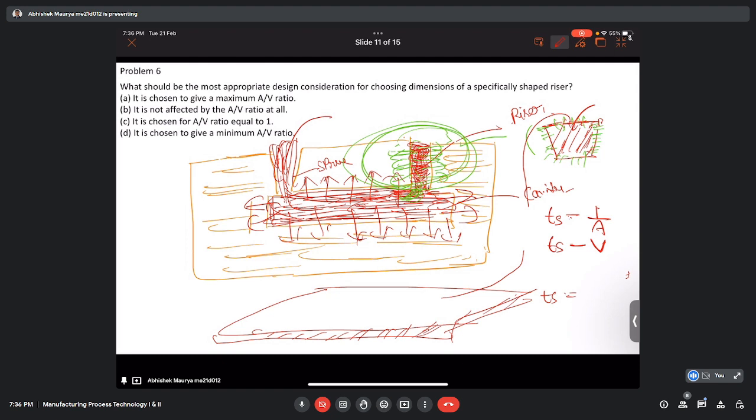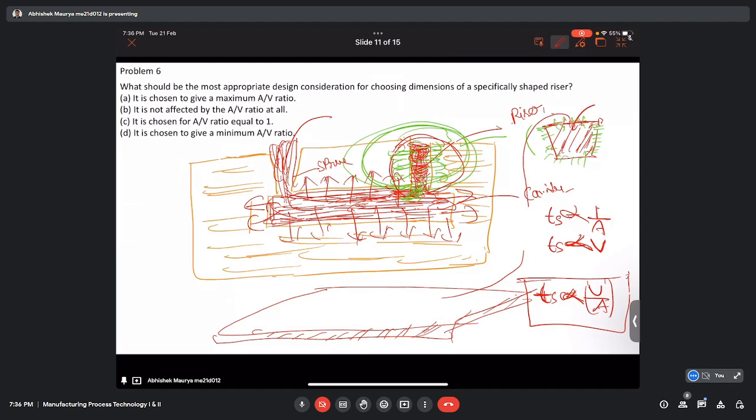So if we take the ratio V by A, this ratio should be larger if we want to increase the solidification time, and vice versa. So if we want the riser to solidify later, then by this relationship we will try to reduce the area and increase the volume.